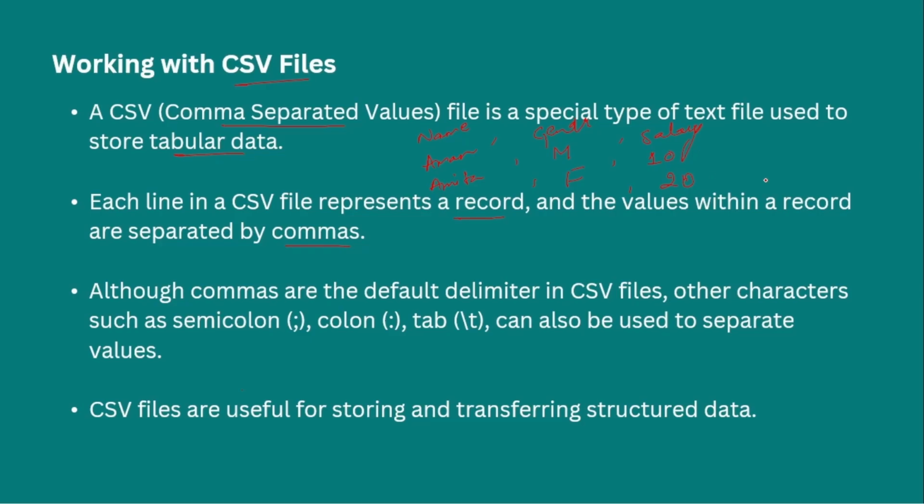This is how a CSV file is stored. These are two records, and the values are separated by commas. Although commas are the default delimiter in a CSV file, other characters such as semicolon, colon, or tab can also be used to separate values. CSV files are useful for storing and transferring structured data.